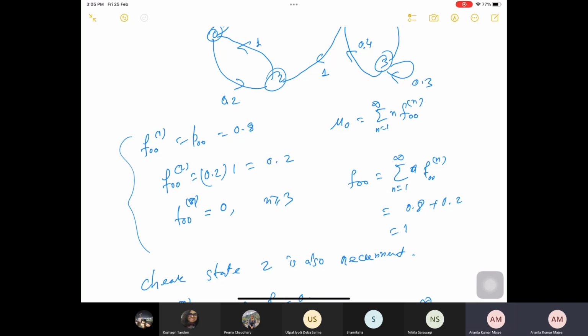You see that this is finite, because f of 0 0 of n for n greater or equal to 3 is 0. Hence state 0 is positive recurrent. Similarly, you try to find out for state 2.